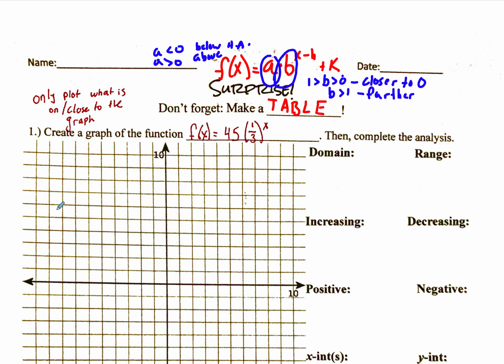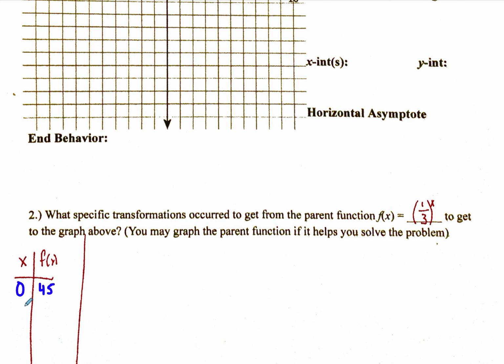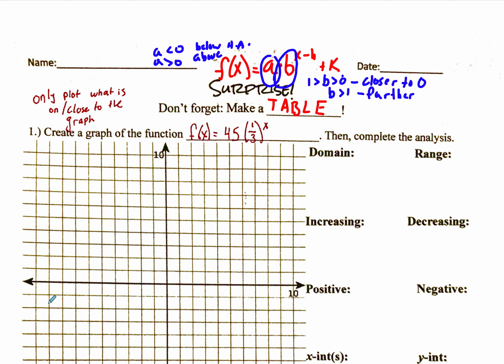Now I come back and plug in 1. Anything to the power of 1 is itself, so a third to the 1 is a third. A third times 45 is 15.